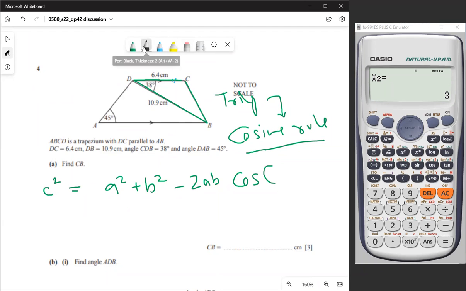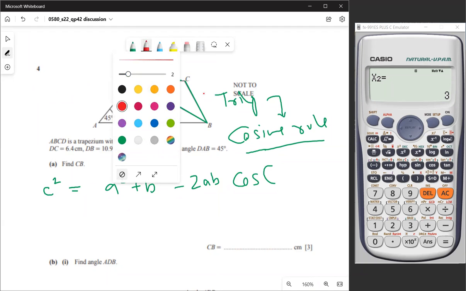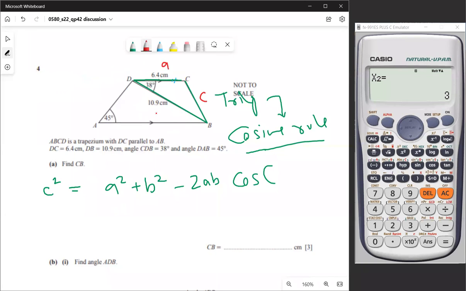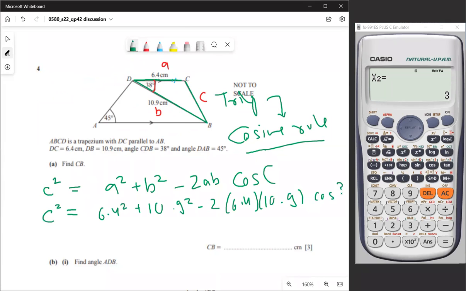Let's look at this one right here. Now this I'm going to say is C. This is A and this is B. Now I must know what A, B are to find C. And I know the angle opposite to C, which is this one. So I can say C squared must be 6.4 squared plus 10.9 squared minus 2 times 6.4 times 10.9 times cos 38.